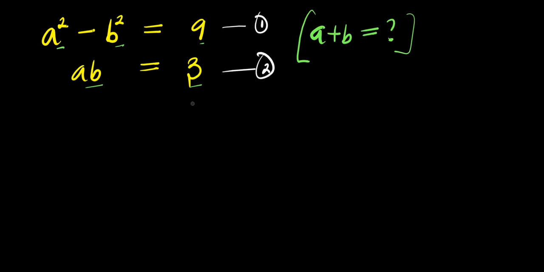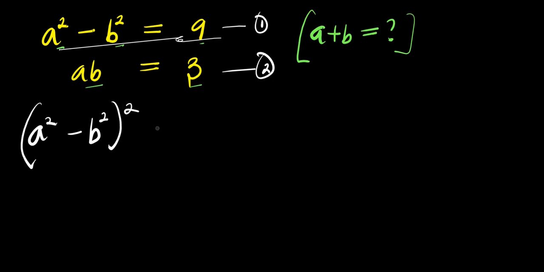equation 2. Now, using this particular equation 1, we can decide to take the squares of both parts of this equation. So I have a squared minus b squared raised to the power of 2 equals 9 to the power of 2.